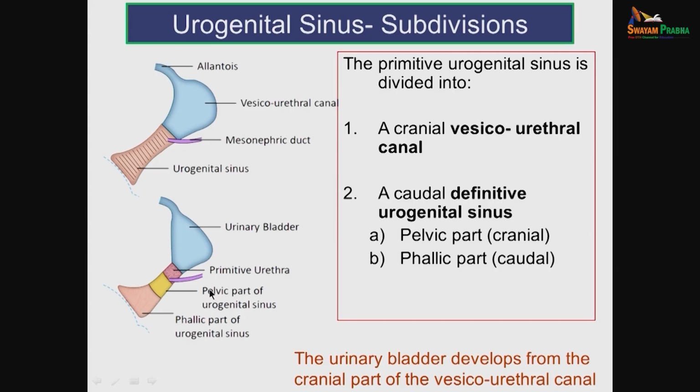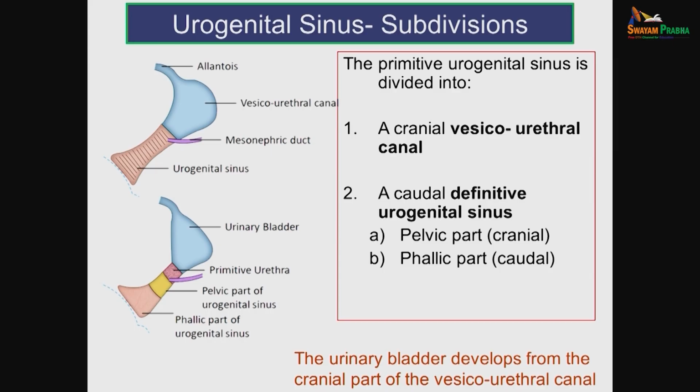So, I repeat again, we are focusing on the primitive urogenital sinus, which is nothing but the ventral subdivision of the cloaca. This primitive urogenital sinus is subdivided into a cranial part, which is called the vesico-urethral canal, and a caudal part, which is called the definitive urogenital sinus, which gets subdivided into a pelvic part and a phallic part.